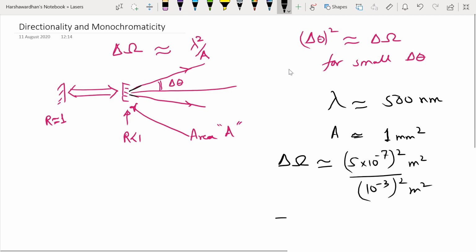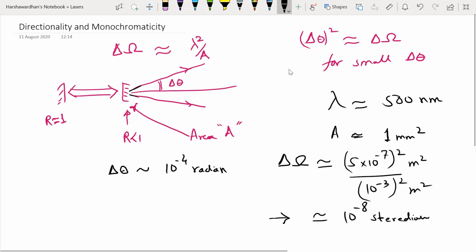So roughly this will come out to be about 10 to the power of minus 8 steradian. So the kind of angle delta theta that I can measure for laser light will be about 10 to the power minus 4 of a radian. That indeed is an extremely small number. That is why it appears to us that the laser light remains more or less parallel.